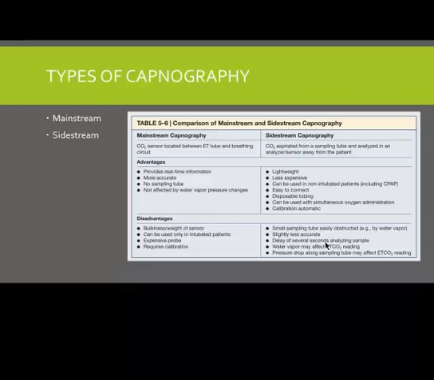With your capnography, you've got your mainstream and your side stream. Your mainstream is what we use with our ET tubes. They're more accurate, all right? Your side stream has a sampling tube and an analyzer sensor away from the patient.